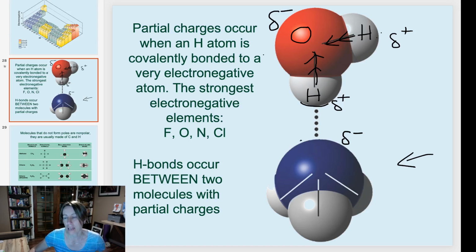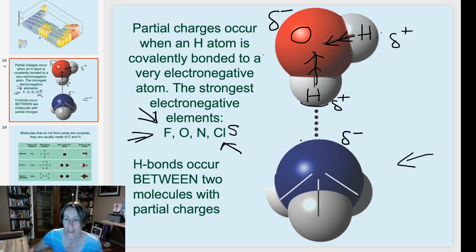How do atoms in molecules become partially negative? Well, I'm going to direct you over here to this list, right? You get partial charges whenever you get a very electronegative element, F or O or N or Cl or S, attached to hydrogen.